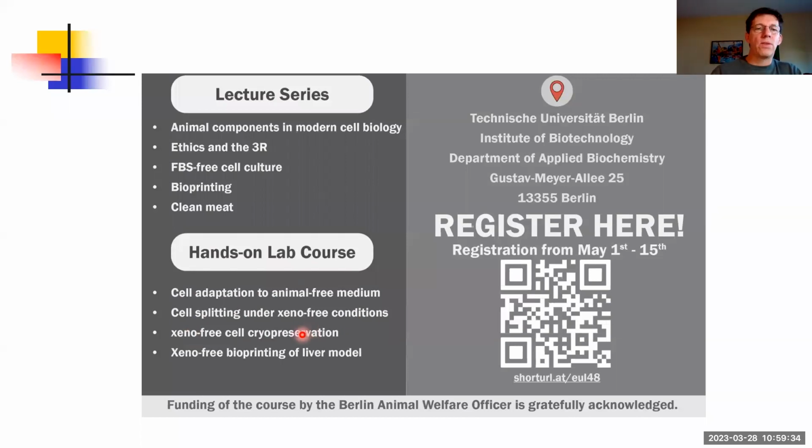You saw some examples in my presentation. And we'll also do some bioprinting with xeno-free materials. So if you're around in Berlin, please register, and we will be happy to teach you these topics.